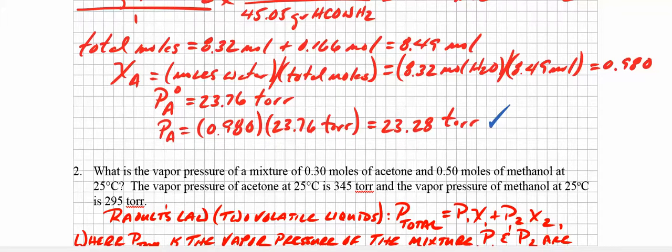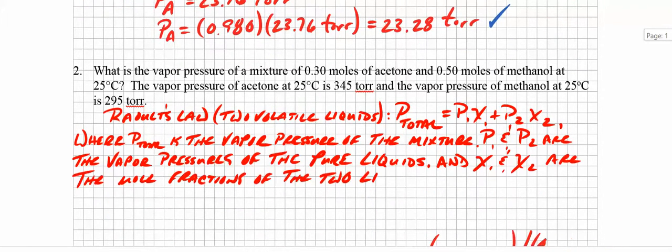All right. So this is not just something dissolved in water now. This is two different volatile liquids. So we're going to use a variation of Raoult's law that has to do with two volatile liquids.